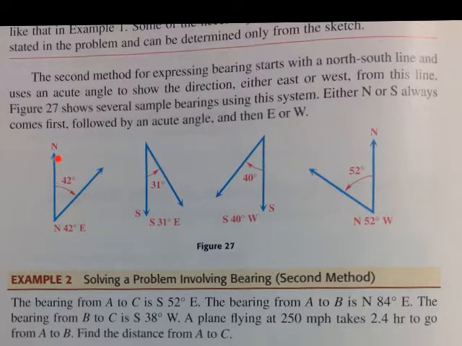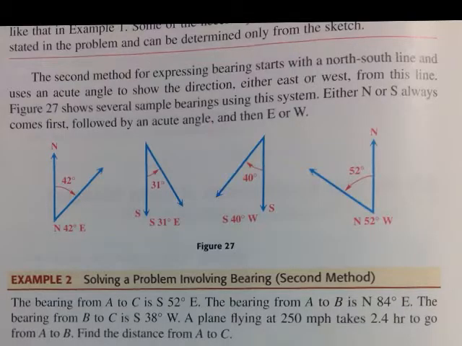If I were on the north line going the other way, like this one over here, I would be north line 52 degrees left, or in the west direction. So I would get this line by going north 52 degrees west. That's the same as if I were here going all the way around and getting 308 degrees.